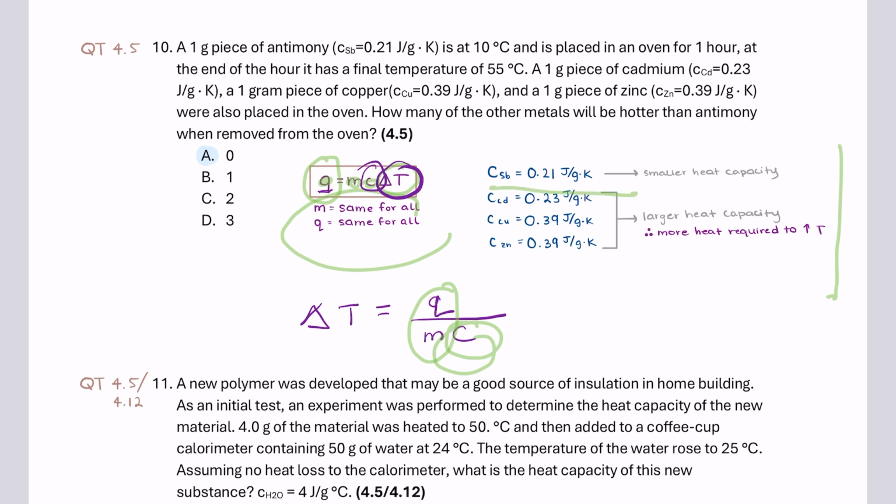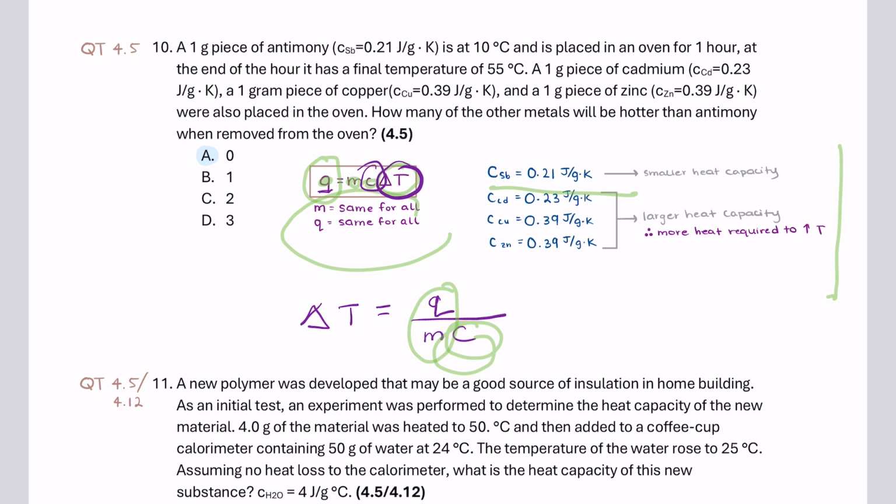It has a specific heat capacity of 0.21 joules per gram per Kelvin. That means it will undergo the greatest increase in temperature. The other metals all have higher specific heat capacities, so they're going to heat up more slowly and reach lower final temperatures.